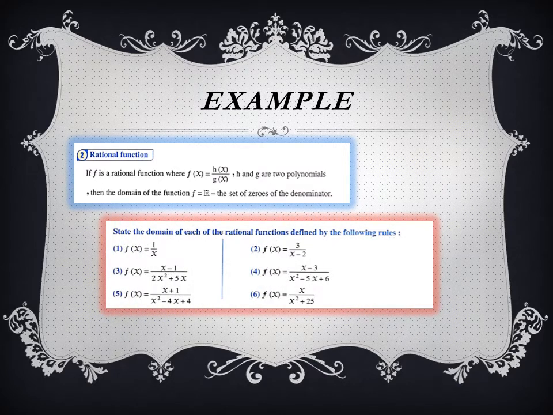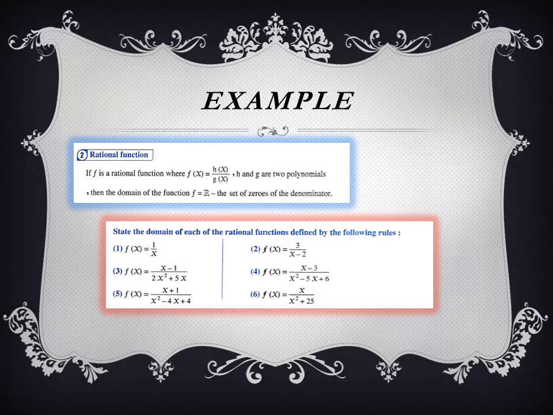So we have some functions which are rational functions or fractional functions, and we're going to find the domain of each of them. We're going to take the denominator and set it equal to 0. For the first one, x equals 0, so the domain is R minus {0}.